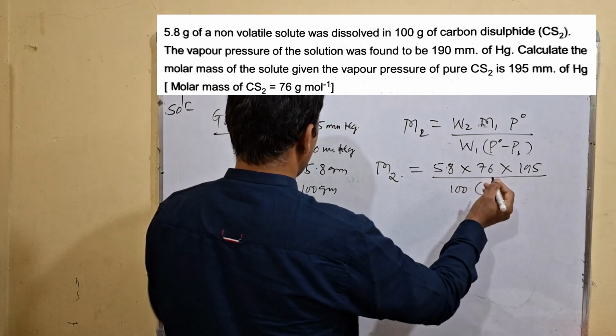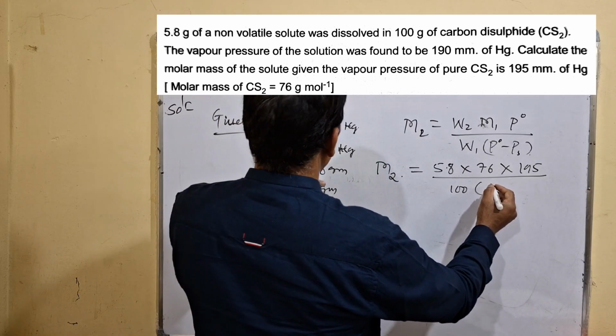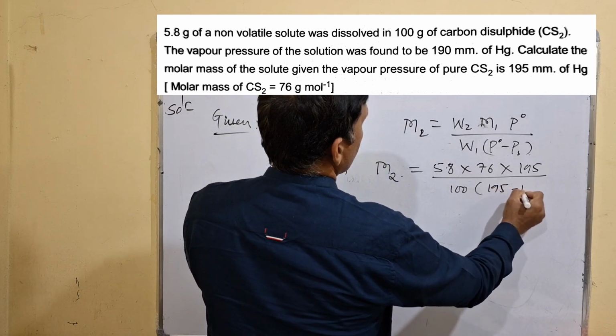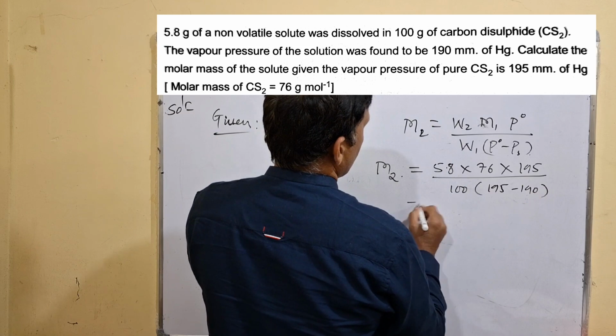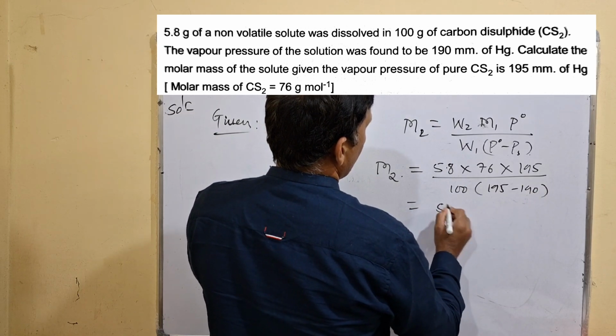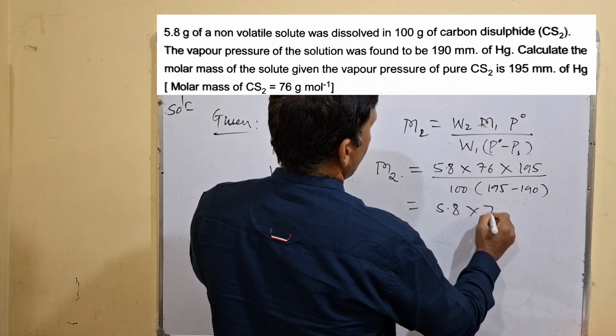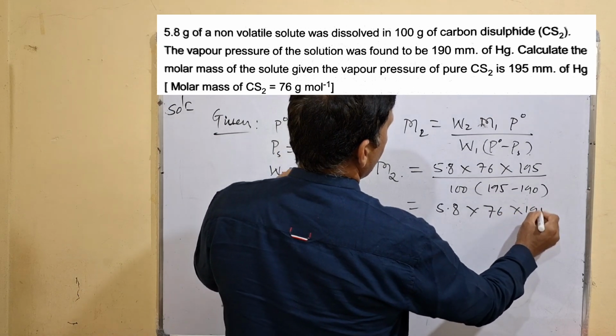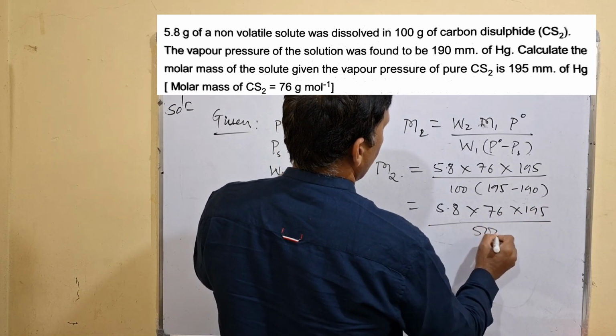You should make sure of this. So how much is it? 195 minus 190. So that comes to 5.8 into 76 into 195 divided by 500.